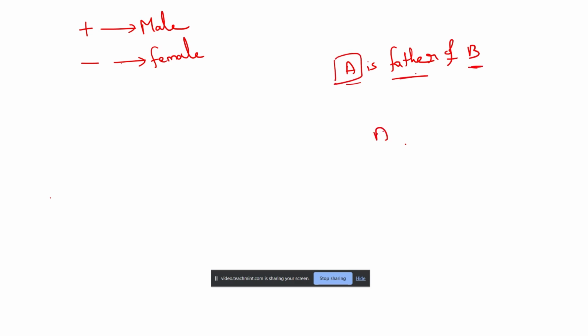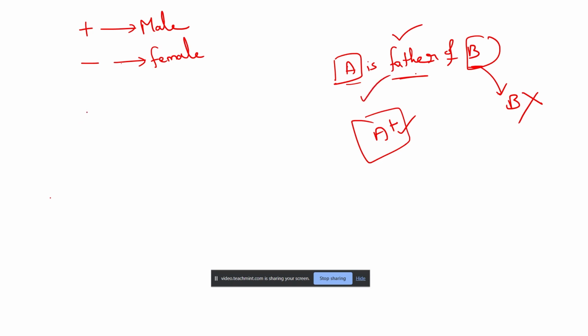That means A should be a male person. That means you have to decide the gender based on the statements and relations, but not on their names. So if I'm saying A is the father, I can say A is a male person, but I can't say the gender of B here. Okay. So if I'm saying the statement A is the father of B, I can only say the gender of A, but I can't say the gender of B. I hope you are clear with this one.